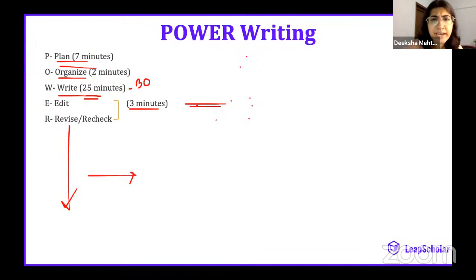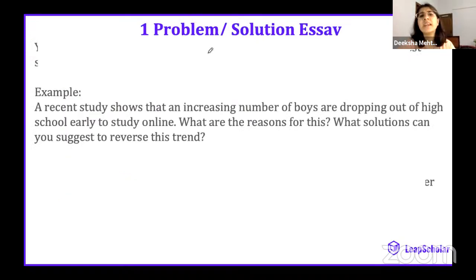So here is an example of the same. It says a recent study shows that an increasing number of boys are dropping out of high school early. What are the causes and what solutions can you suggest?